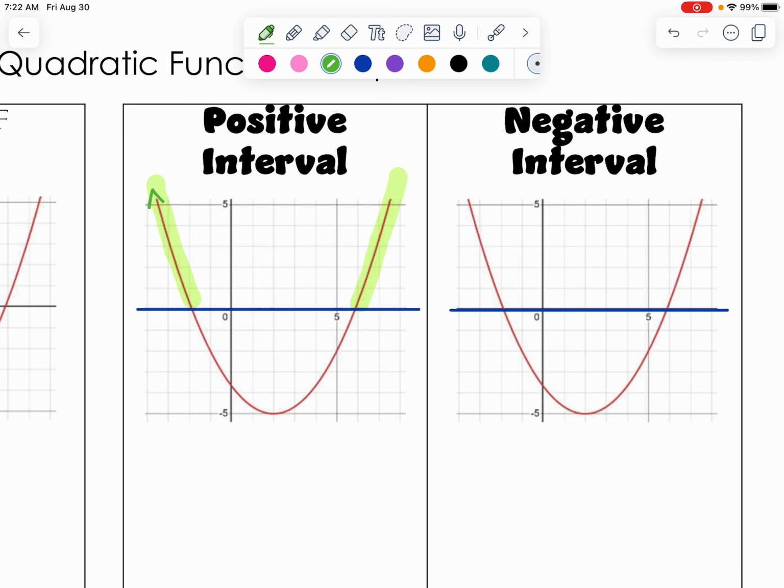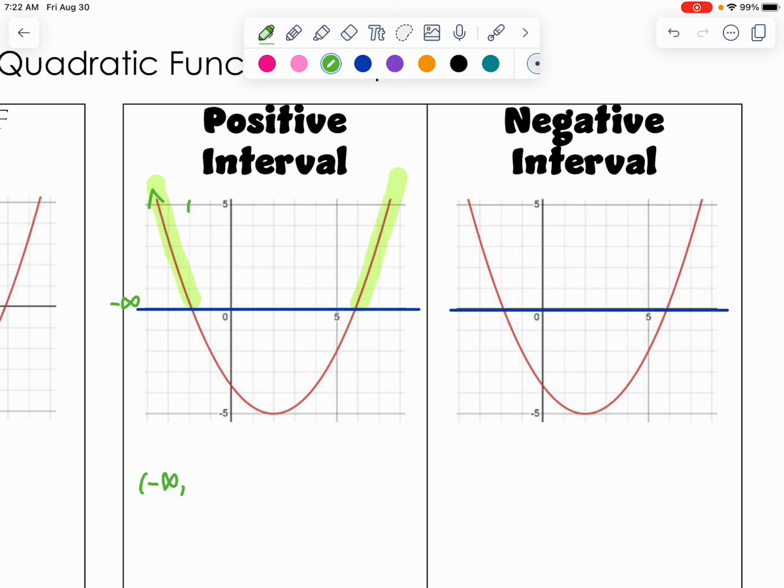So really, this graph starts as far left as you could imagine, all the way down to negative infinity on the left side of the x-axis. So my first interval of positive, it starts at negative infinity. It starts on the furthest left this graph could ever go.